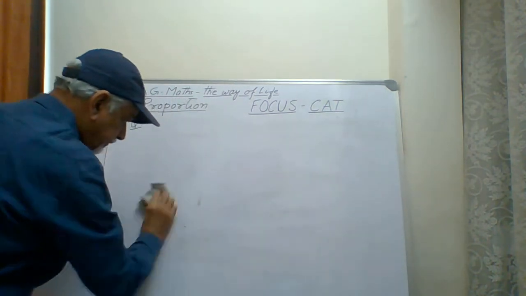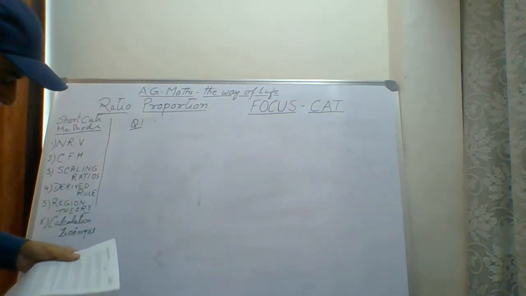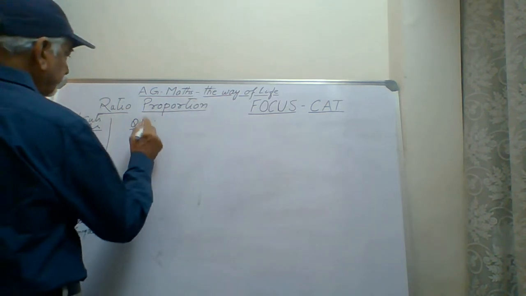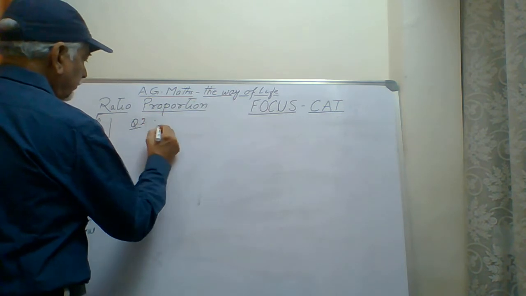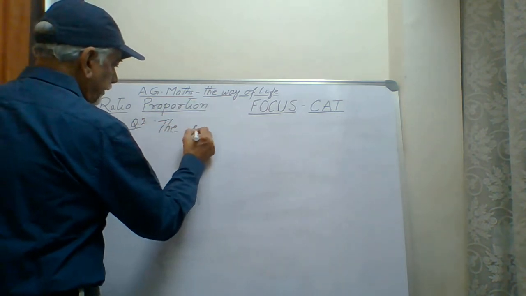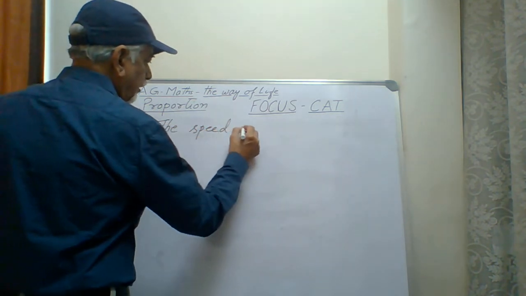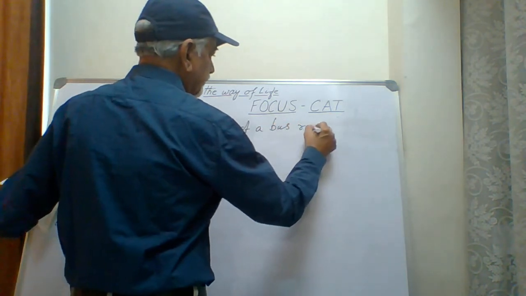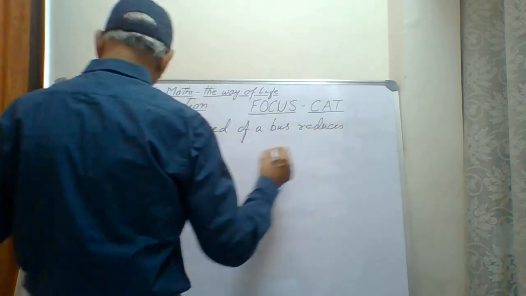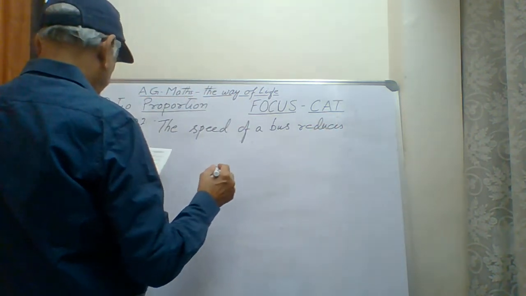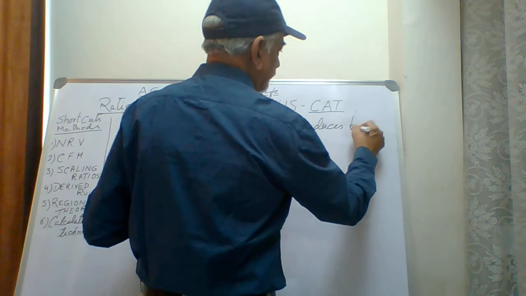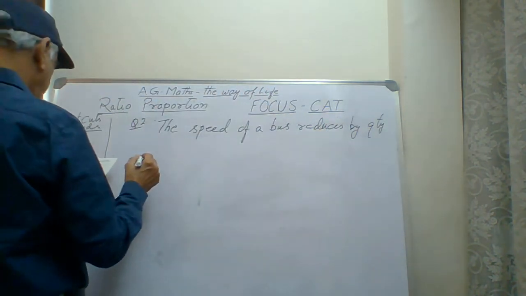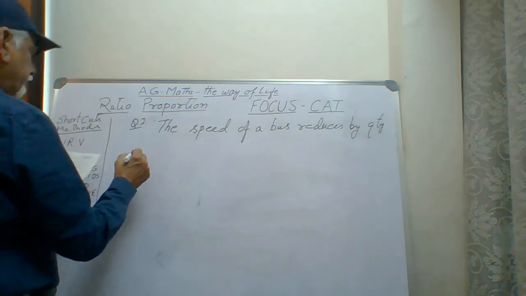Next problem says that the speed of a bus reduces by a quantity that is 3 times the number of people.